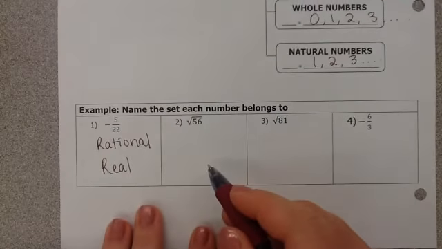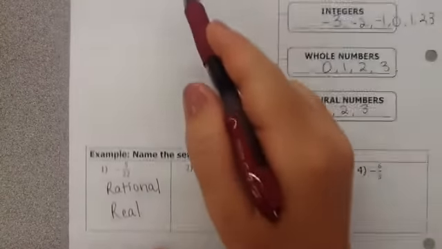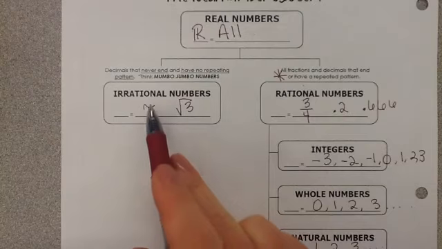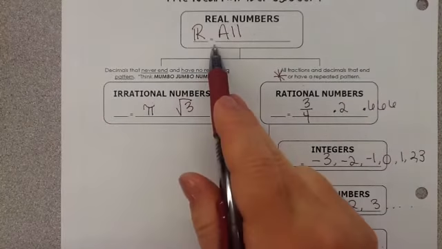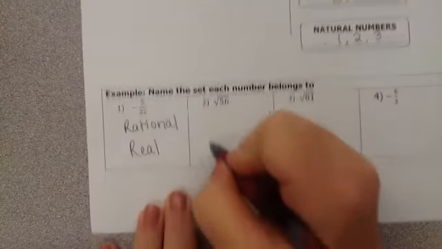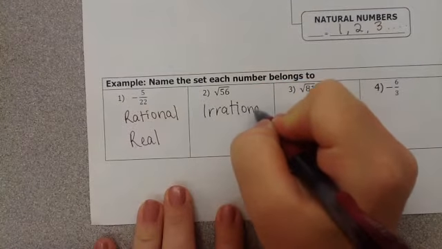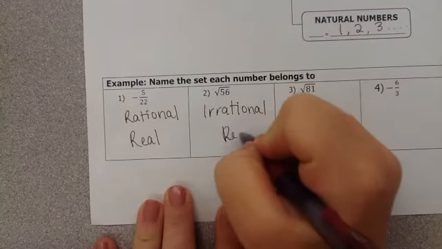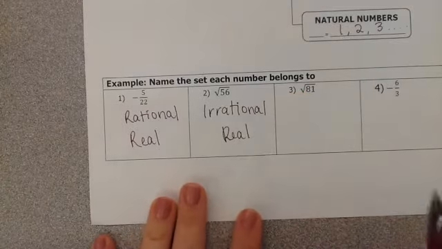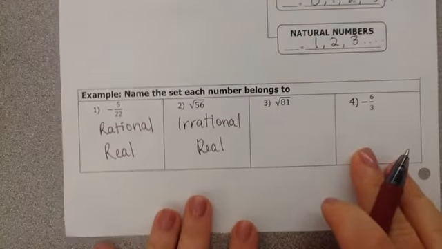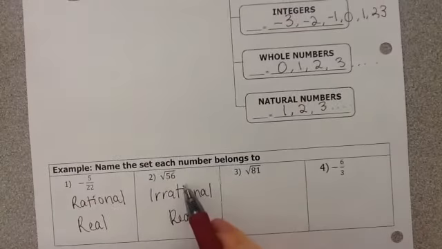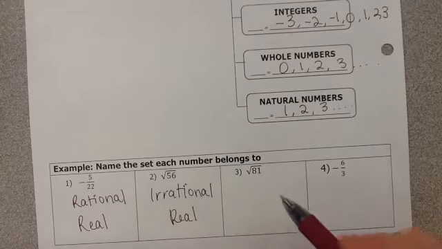No. And it does not end, so it must be irrational. And if it's irrational, it must be real. So irrational and real. Okay. So there was no repeating and it did not end.